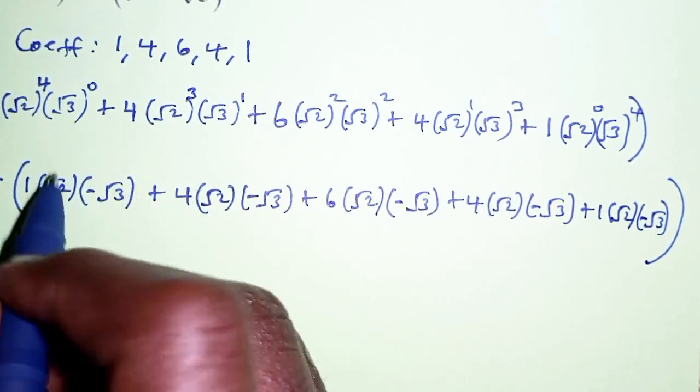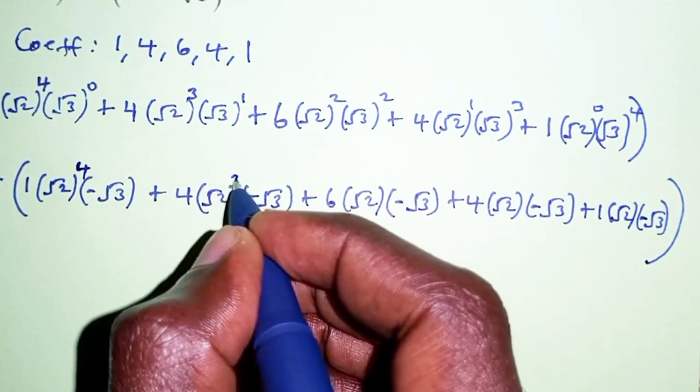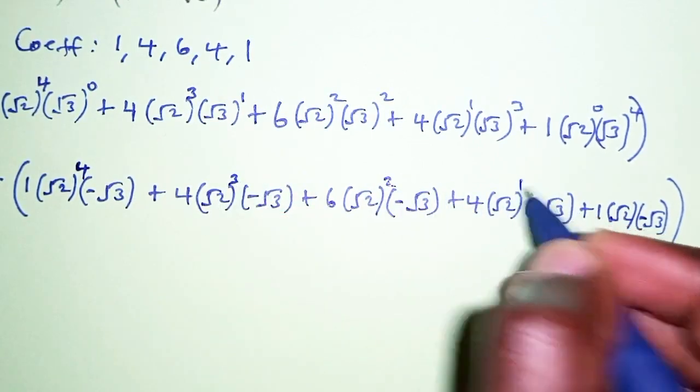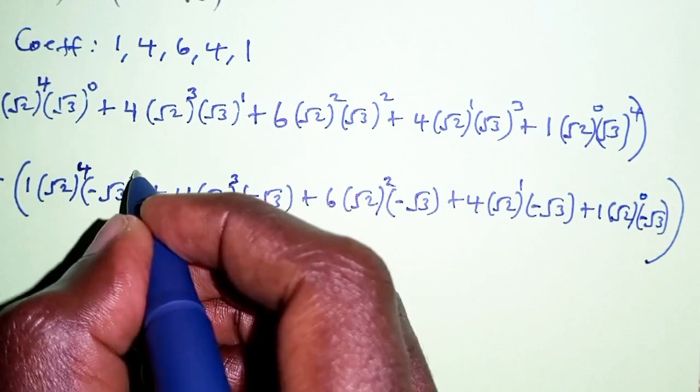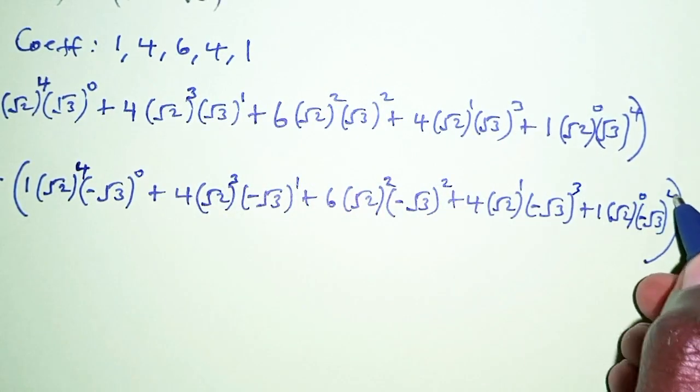Again, for the first term, we begin with the power of 4 and it decreases to 1, 0. And here is 0, 1, 2, 3, and finally 4.